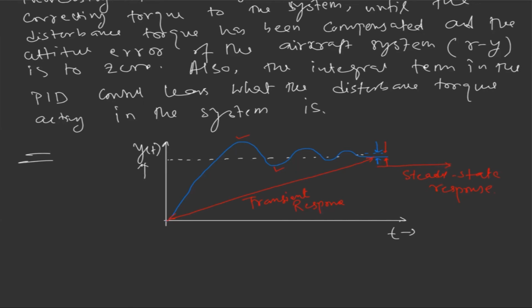Here, the first and foremost requirement is that the controller must provide asymptotic stability.